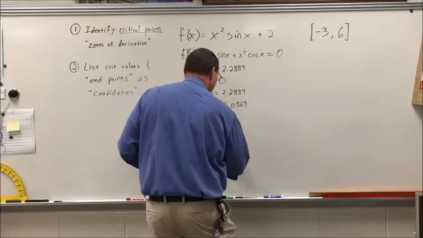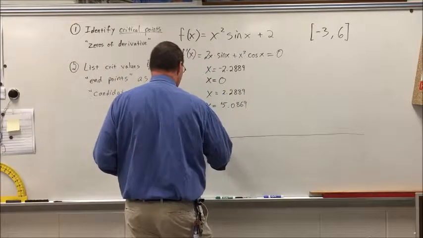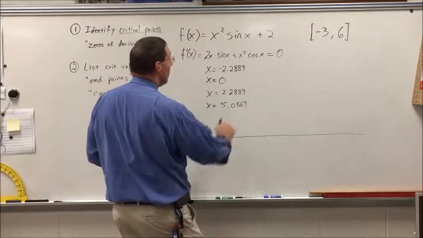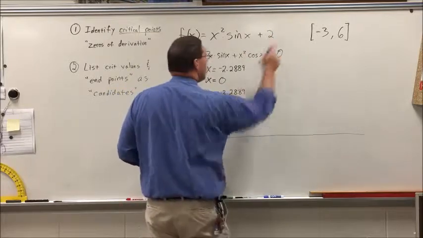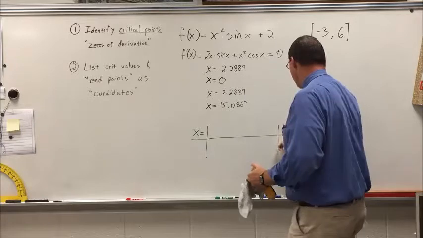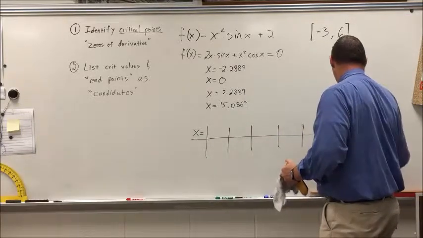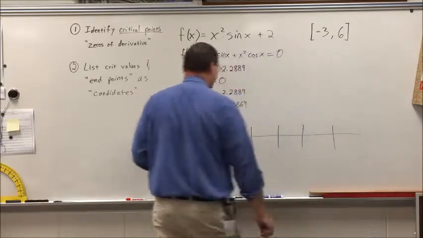So I'm going to make a table here, and I'm going to list all of these numbers. I'm going to put x equals and start with -3. I have 1, 2, 3, 4, 5, 6 possibilities here, so I need to make room in my table for 6 possibilities for the maximum and minimum.